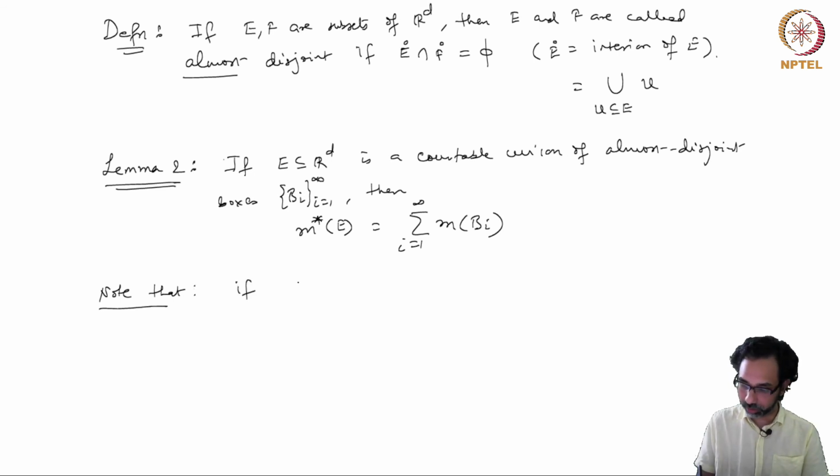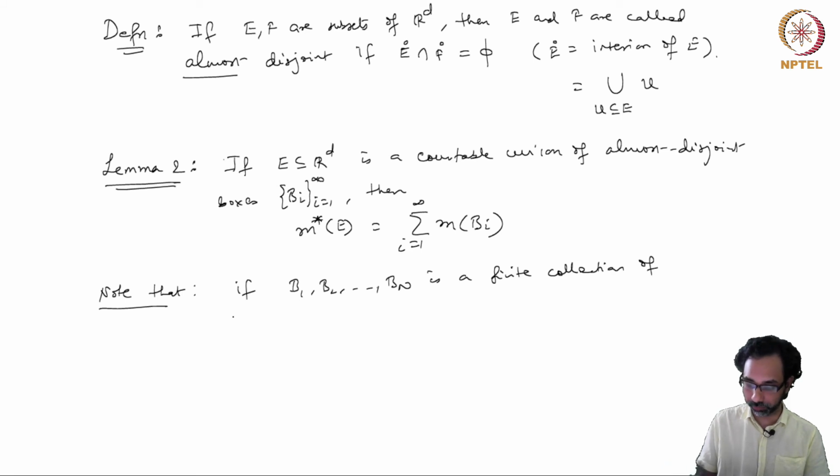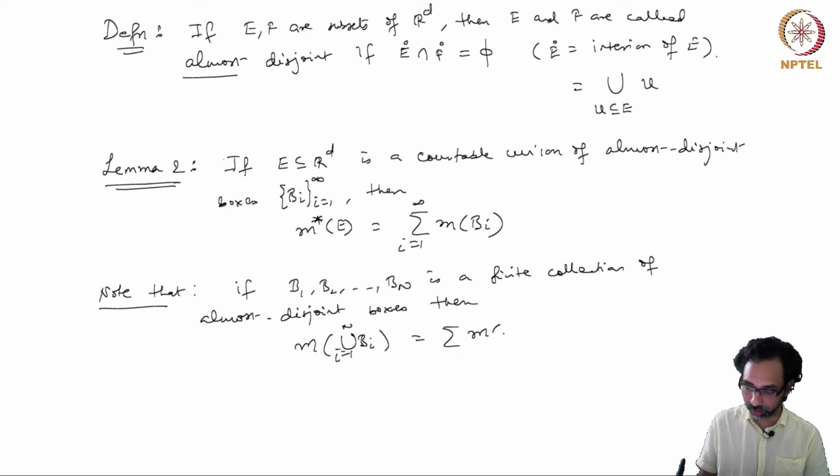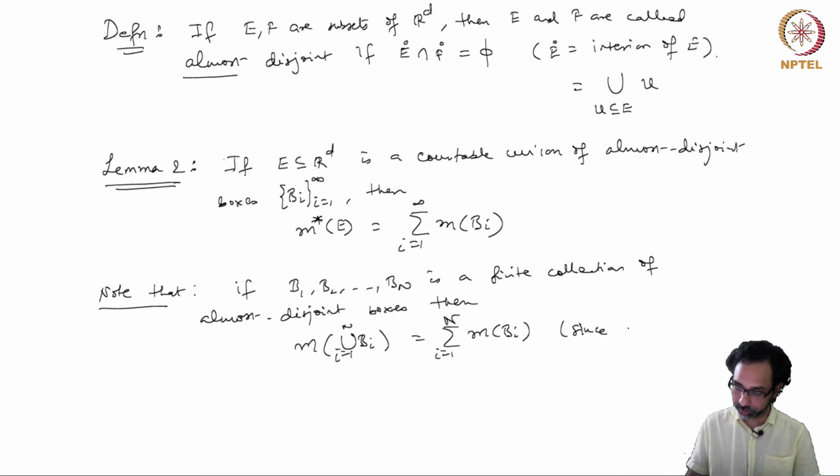So here note that if B1, B2, up to Bn is a finite collection of almost disjoint boxes, then the measure of the union of these Bi's, i equal to 1 to n, is equal to the sum of these Bi's, since the measure of the interior of Bi is the same as the measure of Bi.